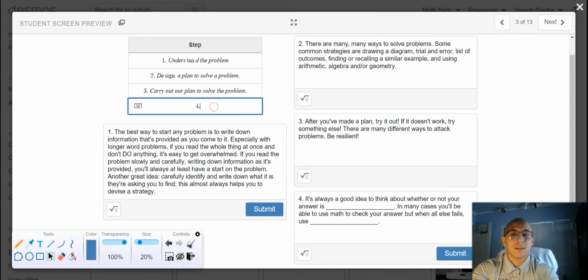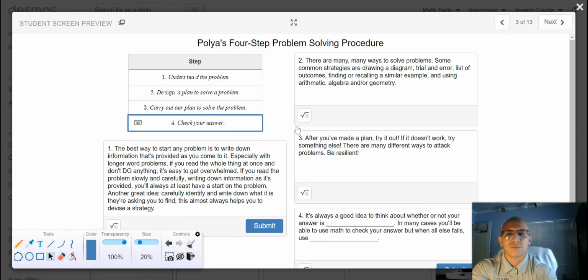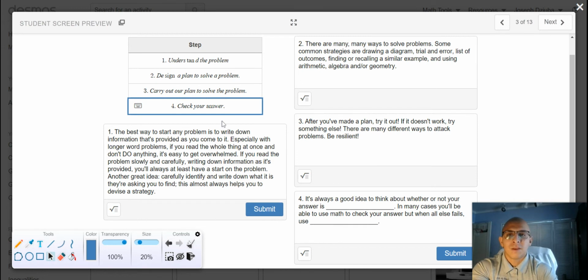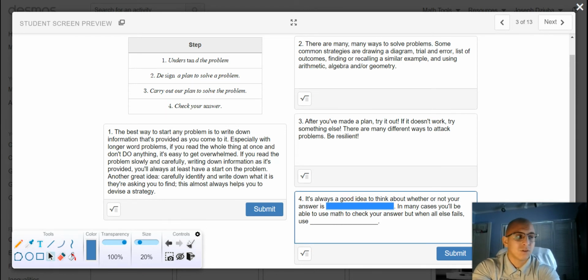And last and not least, and something that we usually take for granted in math class, check your answer. Right? This is Polya's four-step problem-solving procedure. Okay, but you can never underestimate and be too certain regarding huge life decisions. So it's always a good idea to think about whether or not your answer is reasonable.